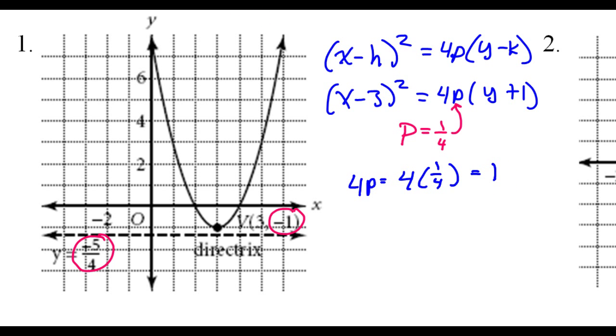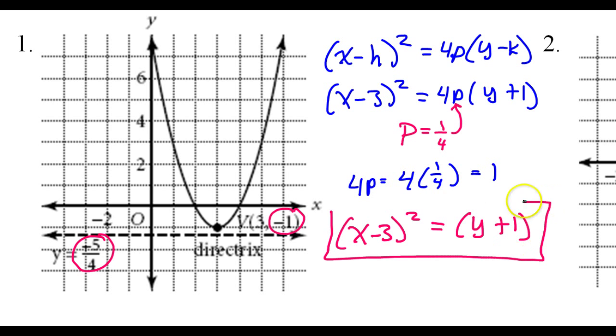So really this equation is going to become (x minus 3) squared is equal to 1 times (y plus 1). So there won't be a visible number out front because it's a 1. But that is the equation of this parabola.